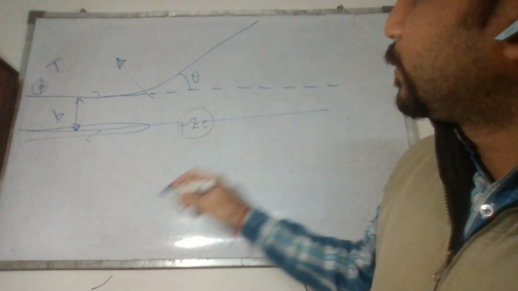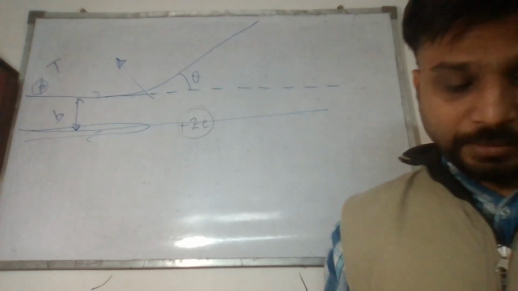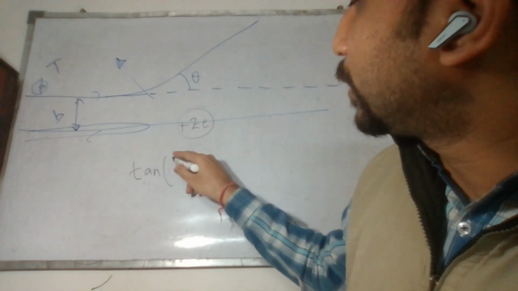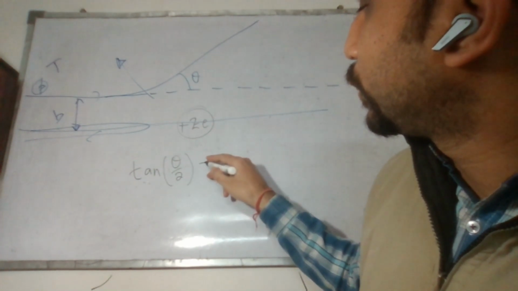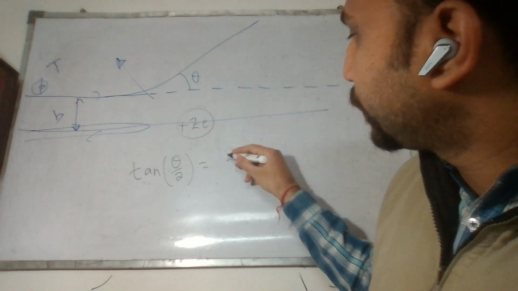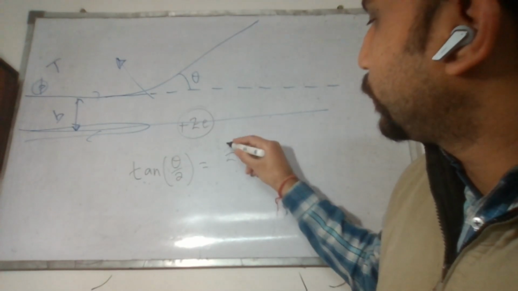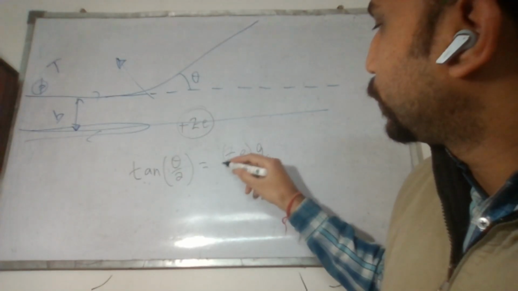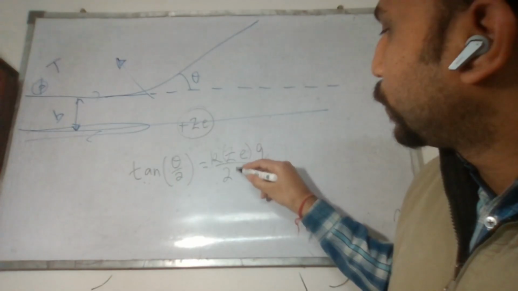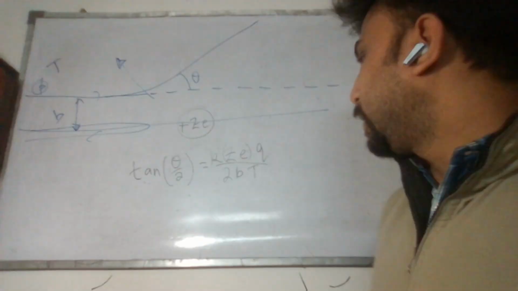So that formula is tan(theta/2) = Z e q k / (2 b T), where b is the impact parameter and T is the kinetic energy of the incoming particle.